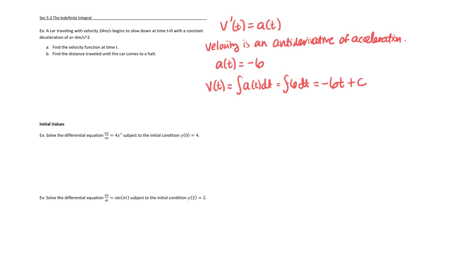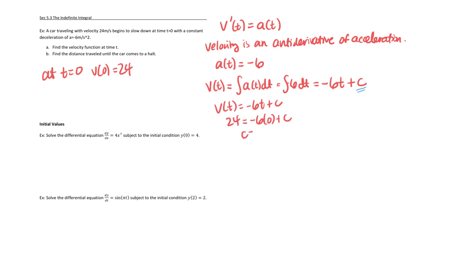But I also know that at time t equals 0, my velocity at 0 is equal to 24. So in this case, I can figure out what that c needs to be by plugging in 0. If my velocity function is v of t equals -6t plus c, and if I plug in 0 for t, I should get 24.